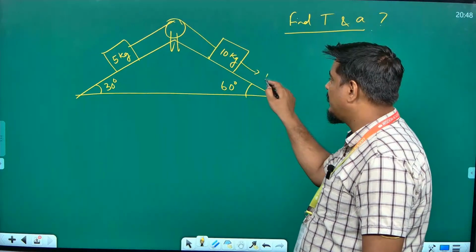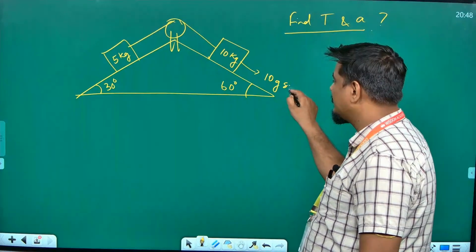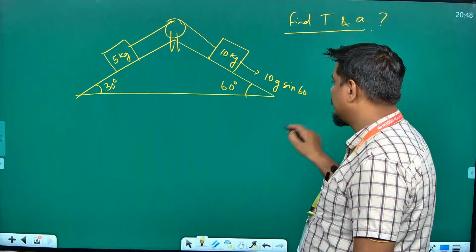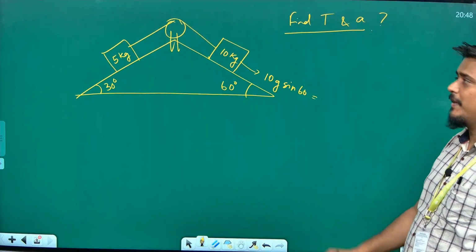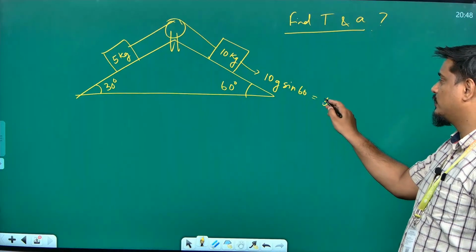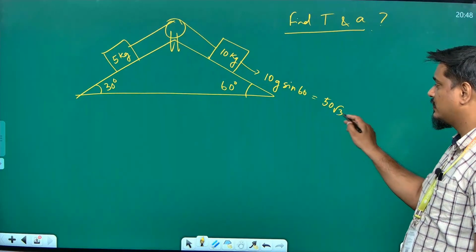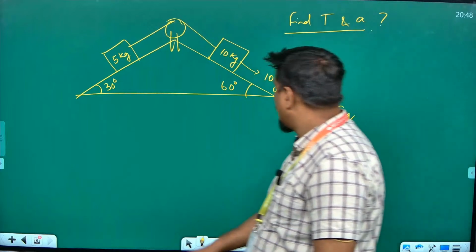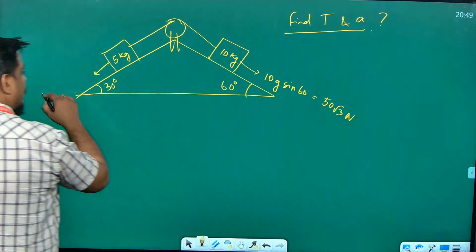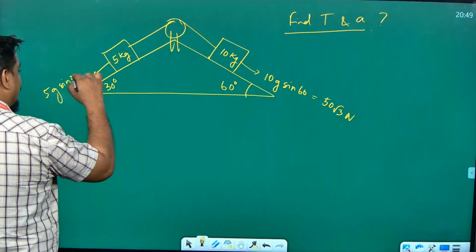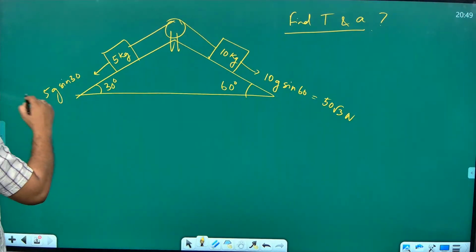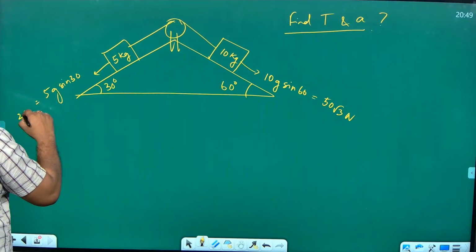This side you will have 10g sin 60, isn't it? If you solve and find the value, it will become 100 into root 3 by 2. So 50 root 3, am I right? Newton's force. And this side you are going to have 5g sin 30, sin 30 is 1 by 2, so 25, am I right?